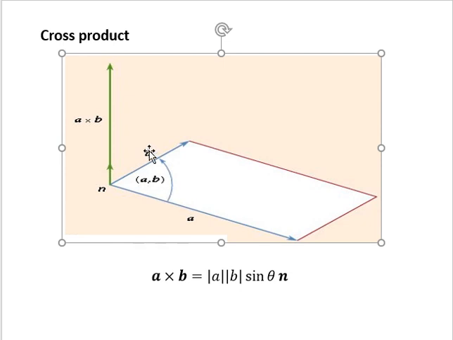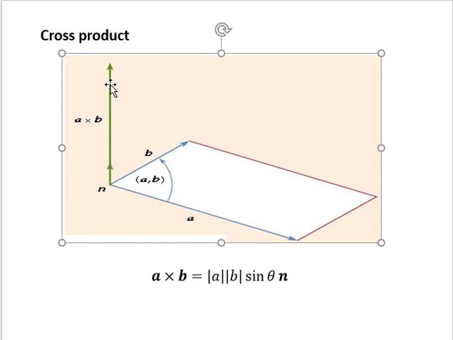Similarly, if the direction is just the opposite, consider the bottle cap. If I want to tighten the bottle cap, or close the bottle with the cap, then we have to think about the direction from b to a, that is b cross a. So if the multiplication is b cross a, obviously the direction of this vector will be the opposite direction.